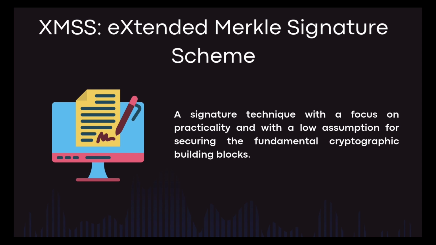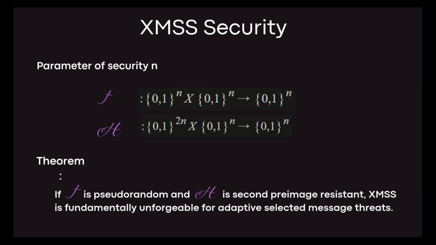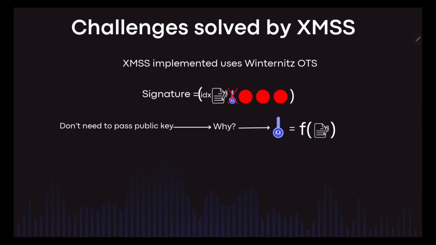XMSS is a post-quantum secure digital signature scheme that is designed to resist attacks by quantum computers. We have this XMSS security where f is the pseudo-random function, and h is the second pre-image resistant function for XMSS, which will help us in the security of XMSS.